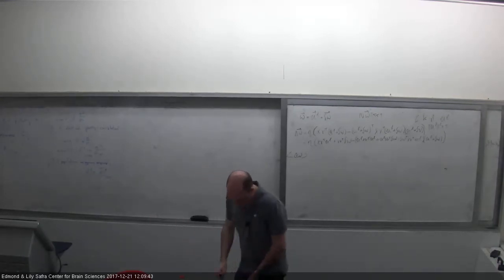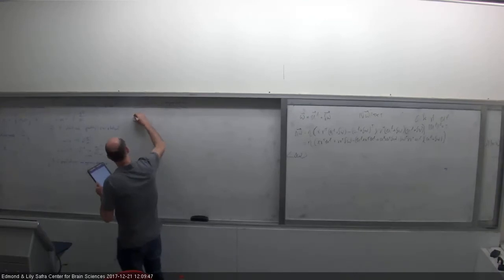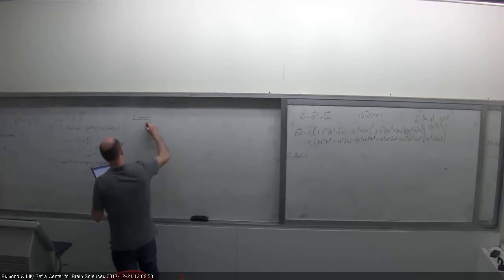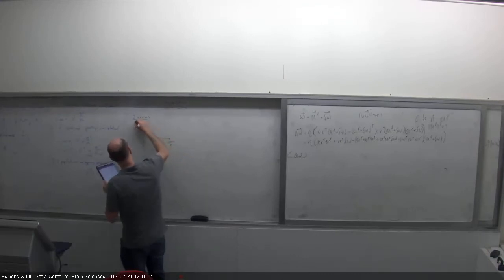So what I want to start with is thinking about just a case where we have two neurons. And let's just try to plot the distribution of their responses in our model. So this would be neuron 1, and this will be neuron 2.